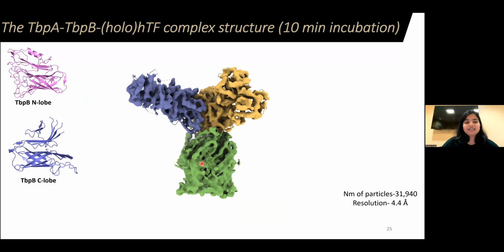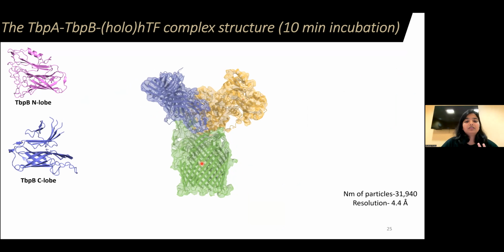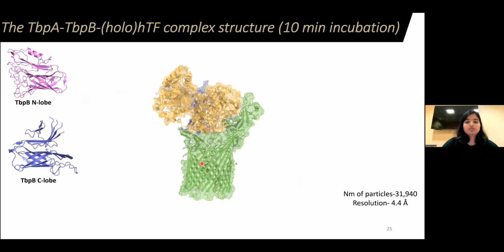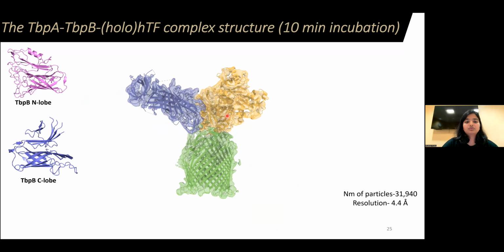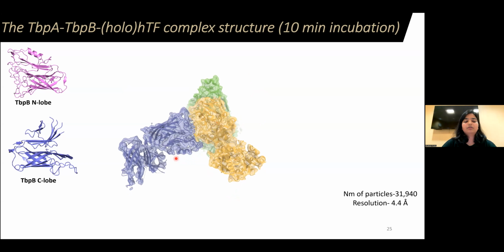So yeah, in the end, in one data set, the 10-minute incubation one, we were able to solve a decent map. And when we fitted the model in our map, in the very beginning, the map looked a little different to us. There was no occlusion like in the other structure, and this helper helix actually belongs to the N lobe of TbpB.